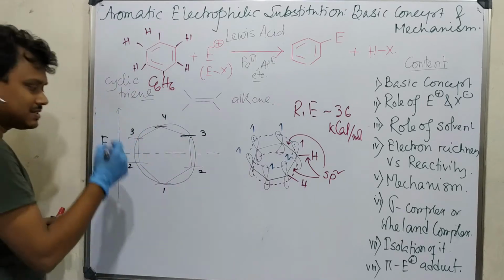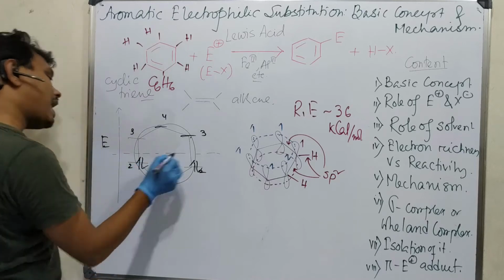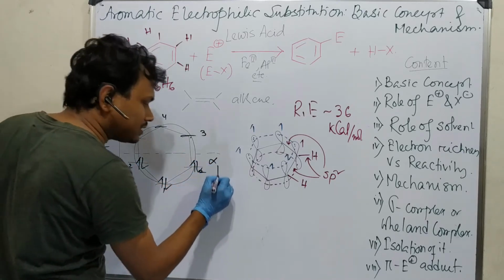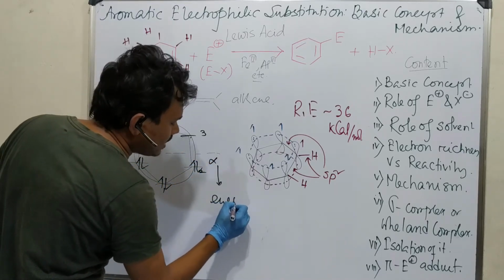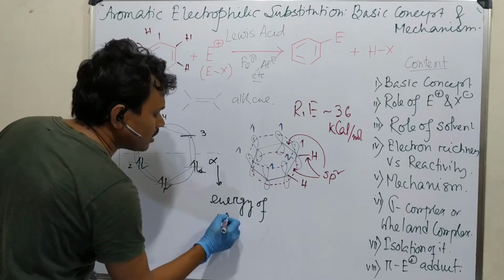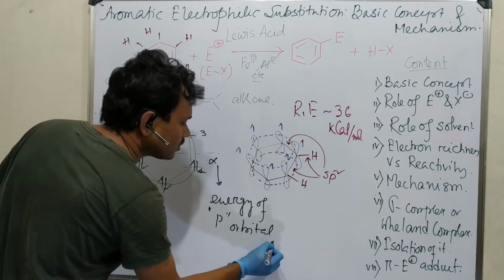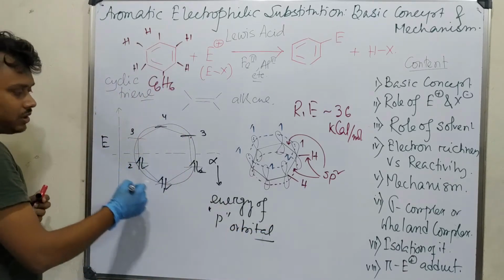So the 6 electrons will come here. And this is called alpha, the energy of the p orbital. So this indicates that all electrons are in the bonding orbitals.